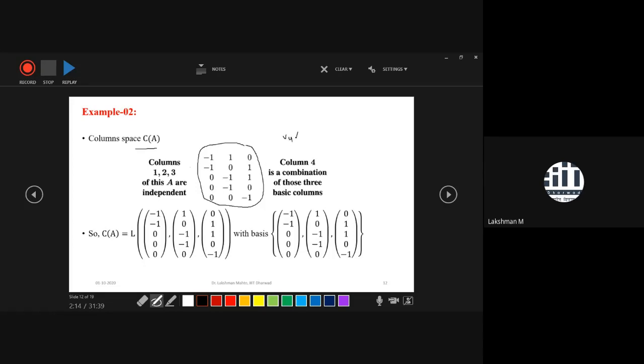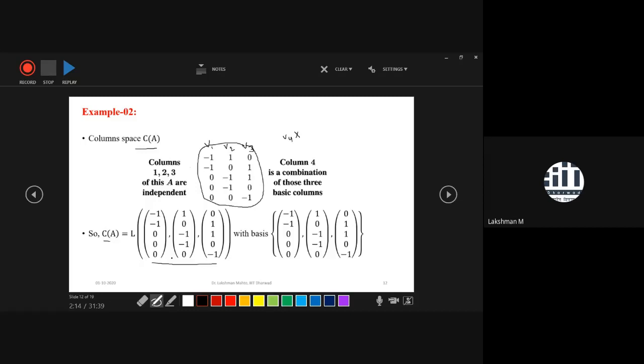We need not take it in order to span the column space of A. So linear independence is coming with respect to the first 3 columns, V1, V2, and V3. So the column space of A would be a linear combination of the first 3 columns.